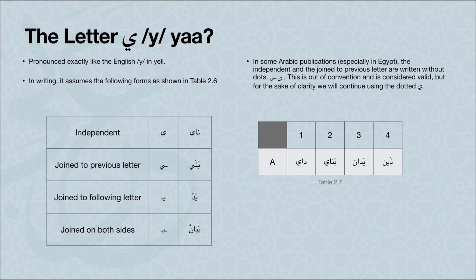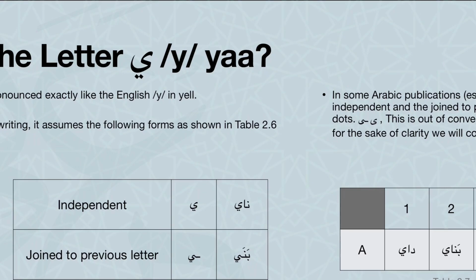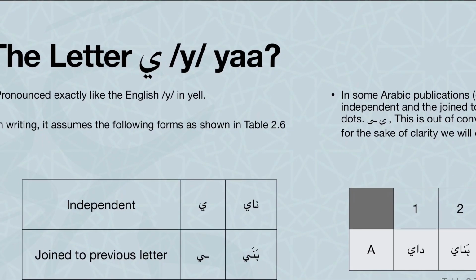Okay, so the letter ya. The letter ya, as we have said before, is one of the three letters that can represent a long vowel, and one of the two letters that can be a consonant and an indicator of a long vowel. Its brother is the letter waw. Waw can be a consonant and can also note a long vowel.